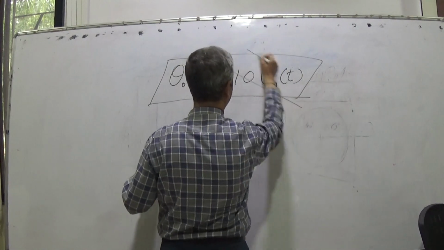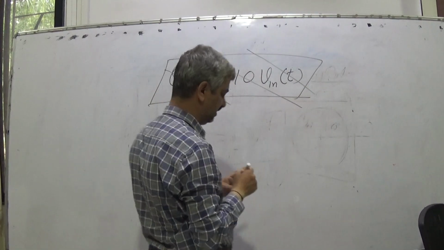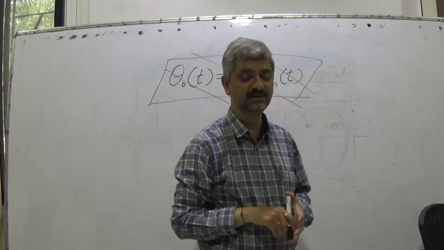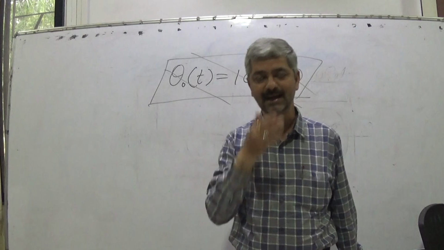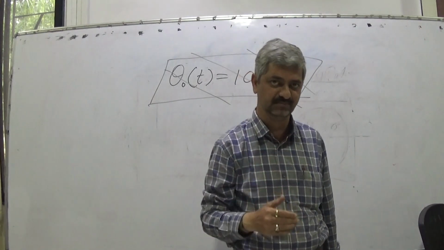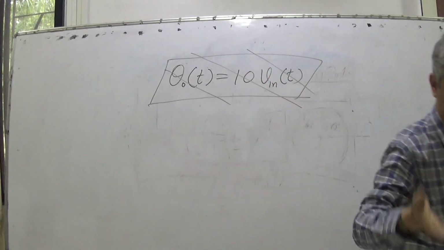Therefore I need to think the way in which this equation gets modified, and this is the crux of the subject signals and systems that we will continue in the next session. Thank you.